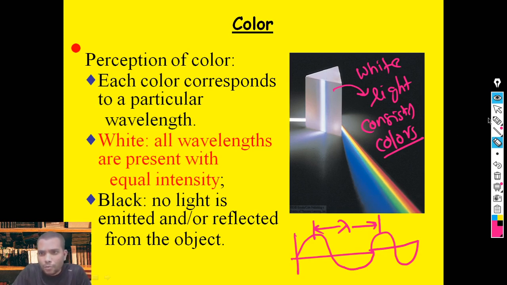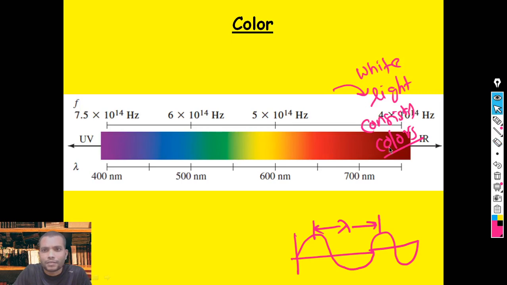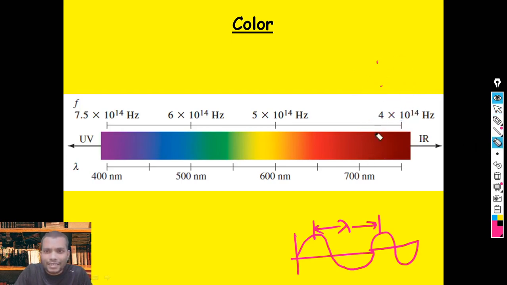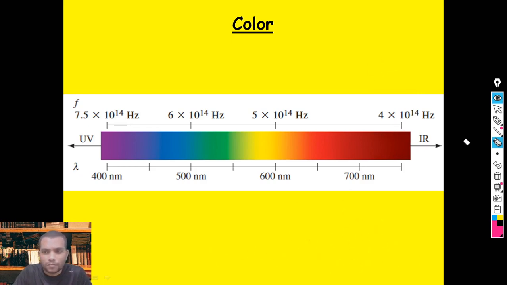So, colors corresponding to wavelength. Here we will observe how this scattering can be understood much more. Here I would like to represent all colors which are present in the light. This we term as the visible spectrum. Each color we represent as a wavelength. Lambda is nothing but wavelength.